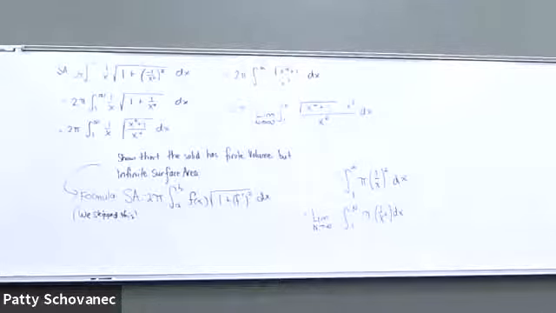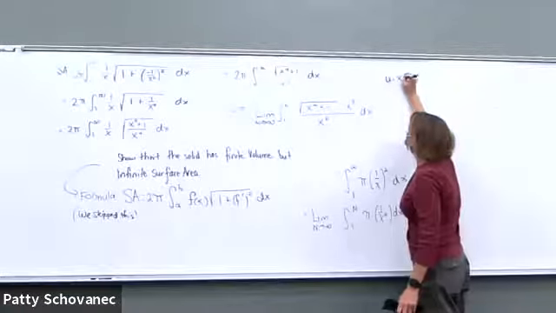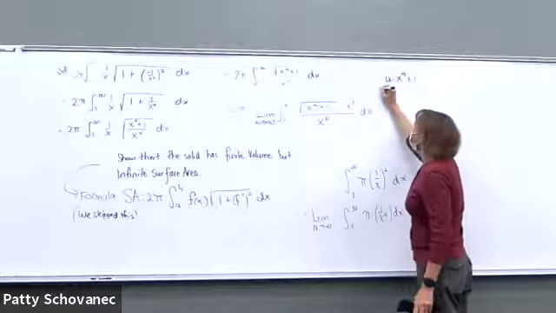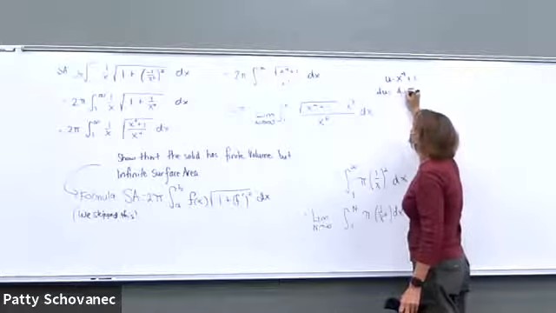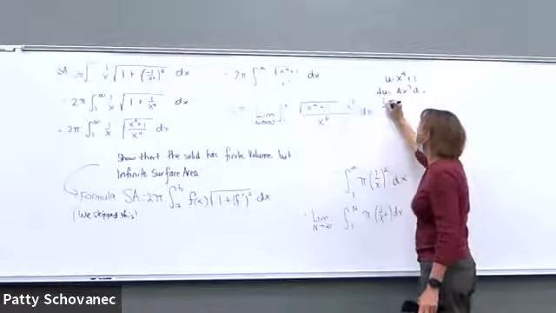So I'm thinking now I can do a double substitution. Take u to be the stuff under the radical sign. Then du is 4x cubed dx, so that's going to take care of this guy.